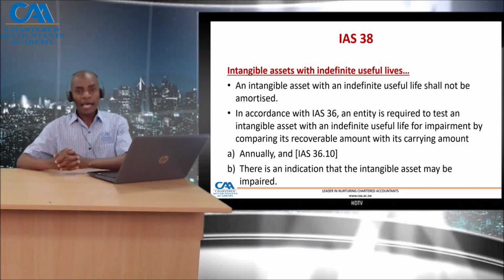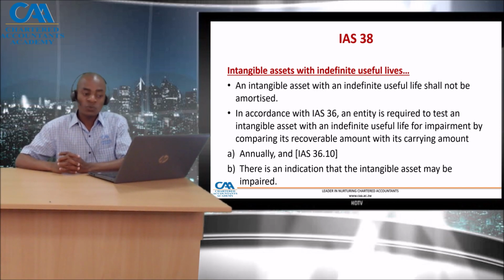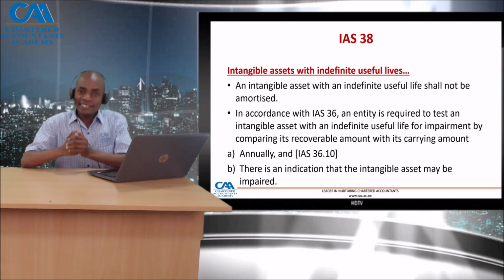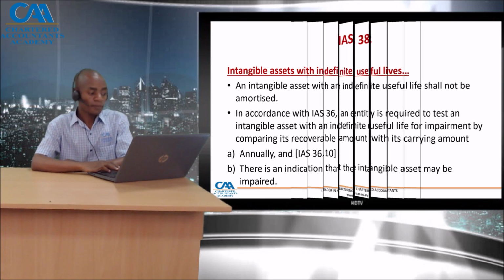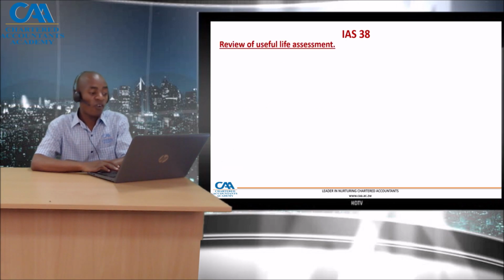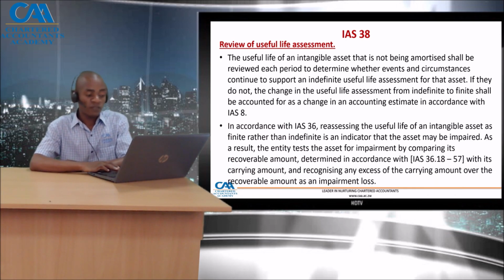So IAS number 38 does not allow an intangible asset with an indefinite useful life to be amortized, however they are supposed to be tested for impairment as per the requirements of IAS number 36. Then moving on to the next slide, I think this one is a repetition of the useful life of the intangible asset with indefinite useful life.